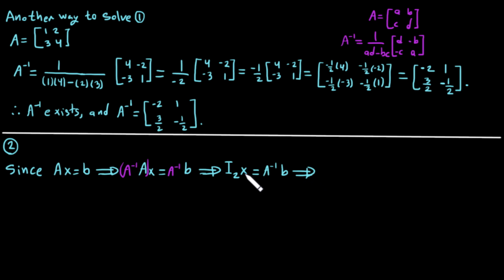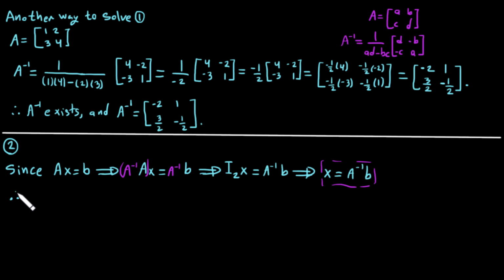Then, we know any matrix multiplied by identity, it will remain the same. So here X, A inverse B. So we find it like this. So this is the formula, we have to use it.